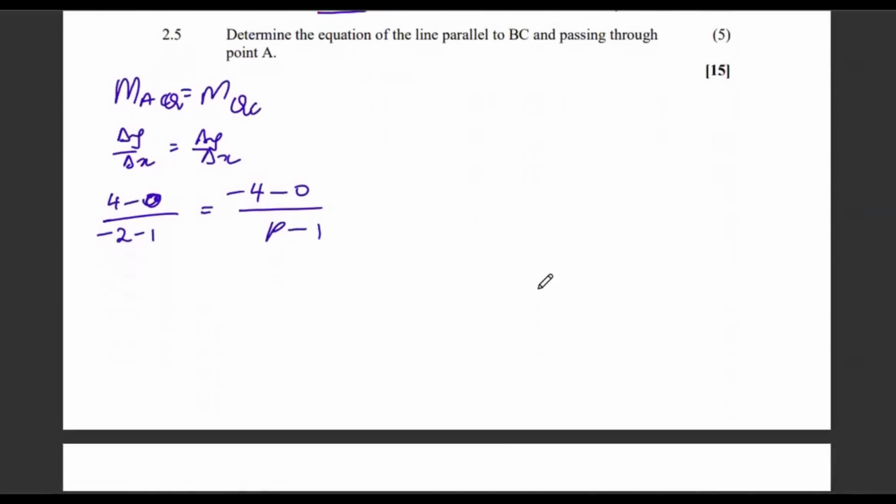Okay, so let's simplify the left. That's 4 over negative 3, which is equivalent to negative 4 over P minus 1. Let's cross multiply. That's going to be 4P minus 4 is equal to 12. So 4P is 16, meaning that P is going to be 4.